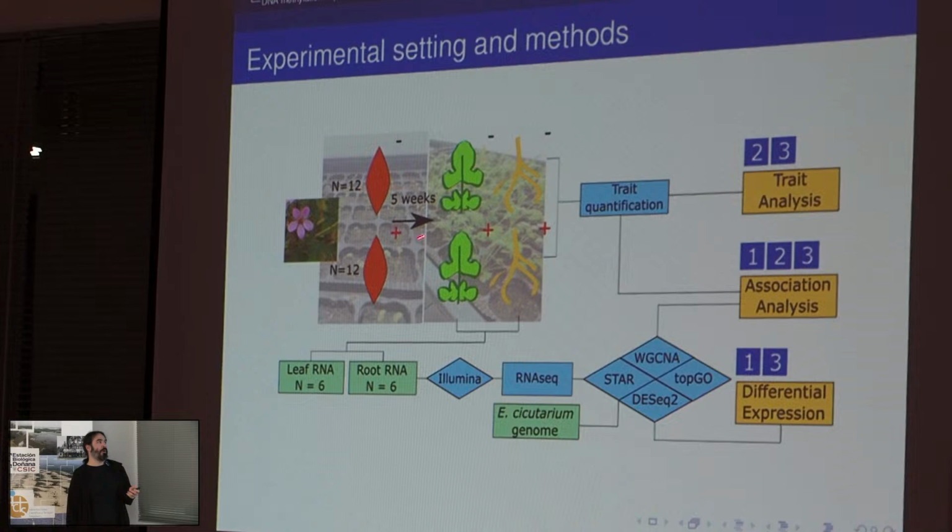We let the plants grow for 5 weeks, and then we sampled leaves and roots from those individuals. We phenotyped the leaves and the roots, so we could perform a trait analysis of the samples. And for a subsample of these individuals, 6 and 6, we took leaf RNA and root RNA and generated RNA-seq libraries to check the gene expression in leaves and in roots.